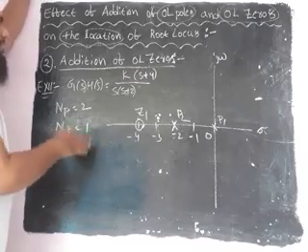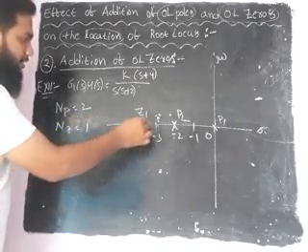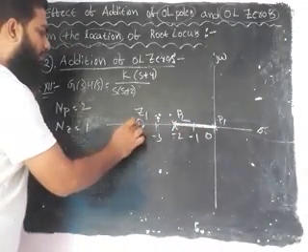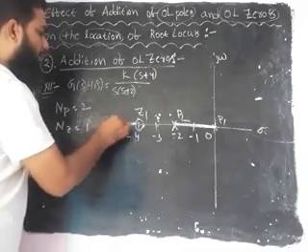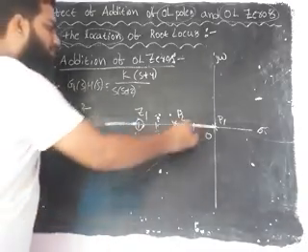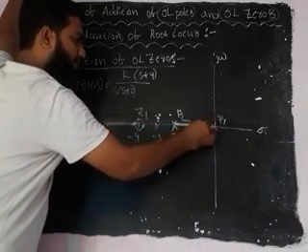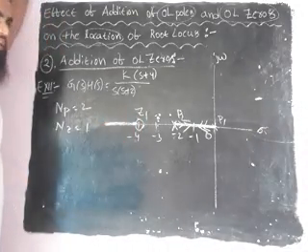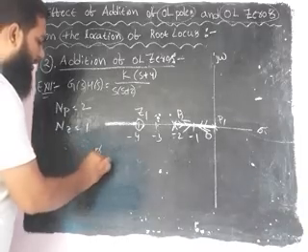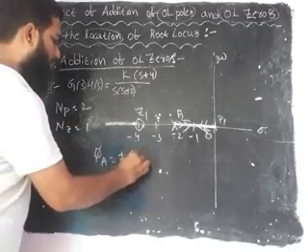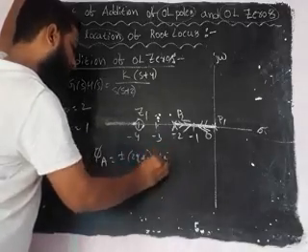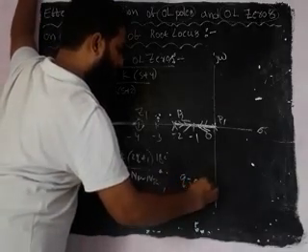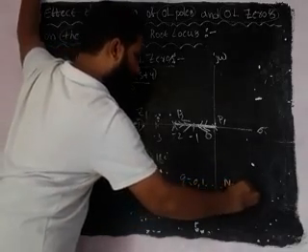Then we see the root locus for this. Up to P1 and P2 we have the root locus, and after that the count is 3, so from minus 4 we have one more root locus. Now we see the direction: the root locus goes from P1 like this and from P2 like this. We use the asymptote formula: phi a equals plus or minus (2q plus 1) times 180 divided by (number of poles minus number of zeros), where q equals 0, 1, 2 and so on up to np minus nz minus 1.